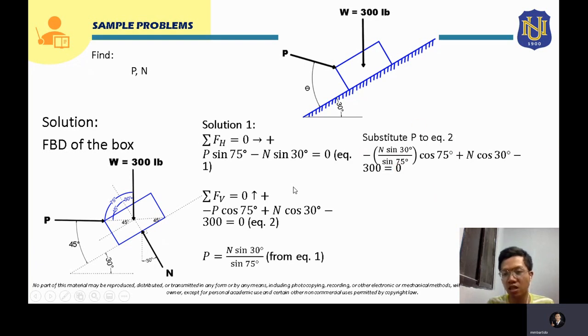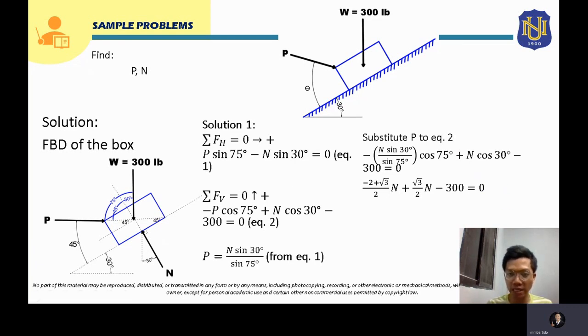We can notice here that only N is the unknown quantity. Simplifying this further, N sine 30 over sine 75 times cosine 75 will be negative, since we have negative here, so this will be negative (2 plus square root of 3) over 2 N. And then we have cosine 30 degrees N, that is square root of 3 over 2 N, minus 300 is equal to 0.